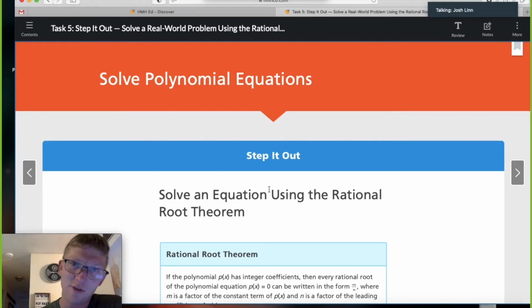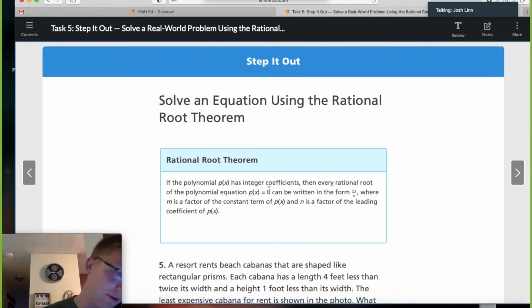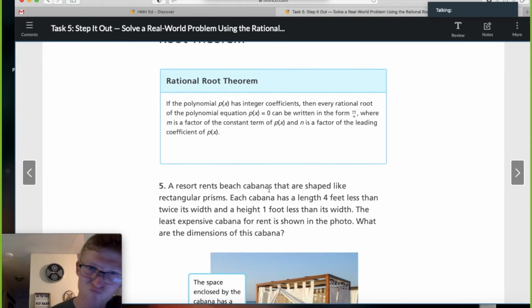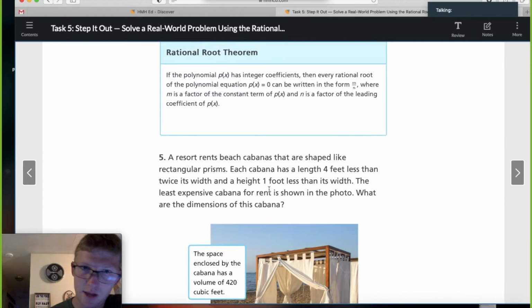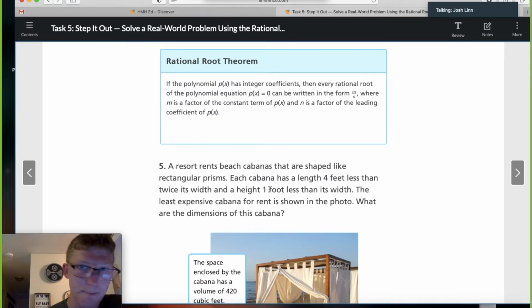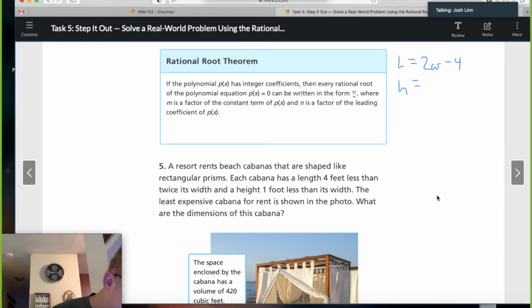So here we go. Solve an equation using a rational root theorem. So this is just the root theorem over again. A resort rents beach cabanas that are shaped like rectangular prisms. Each cabana has a length, I'm going to write this down as we go, 4 feet less than twice the width, so 2w minus 4, and a height of 1 foot less than its width.